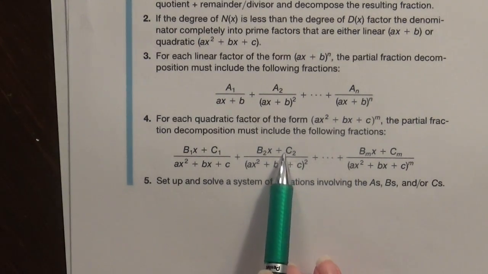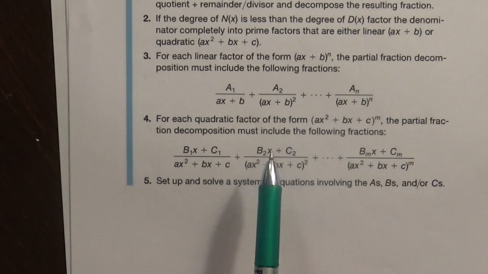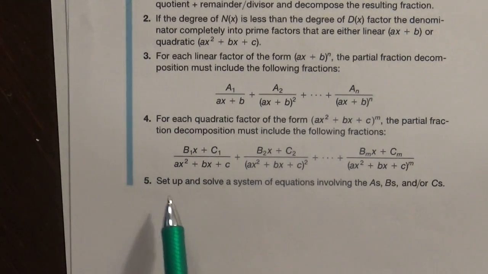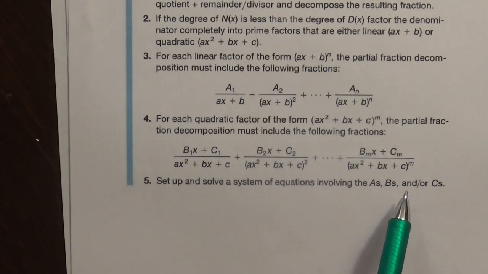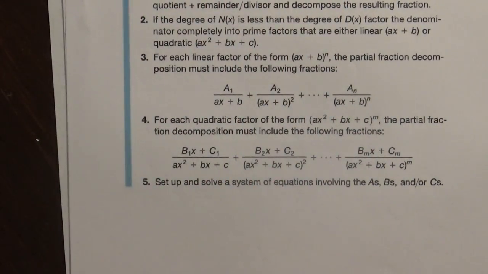And this is another type that you're not going to see today. I'm going to do it in the second video. I want us to practice before we get to this part. And then step 5, set up and solve a system of equations involving the A, B, and C. So that's what we've seen that part. So we're going to keep these rules handy as we go through these.